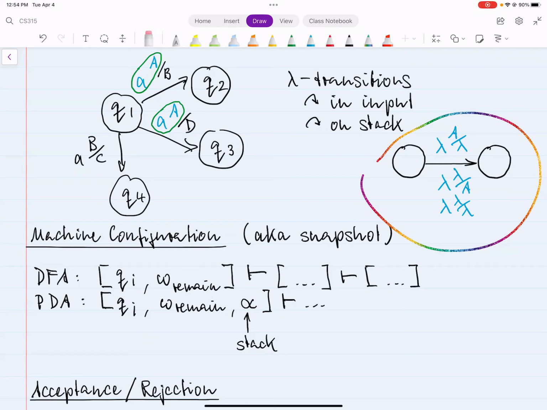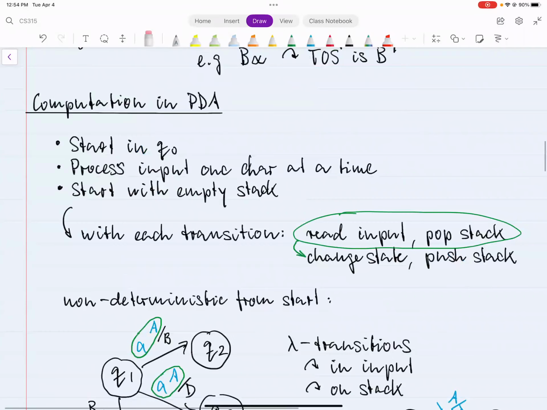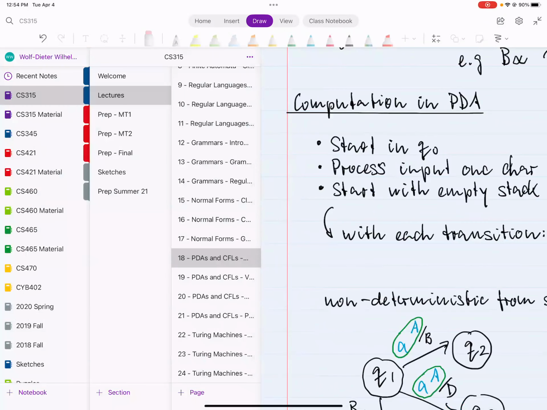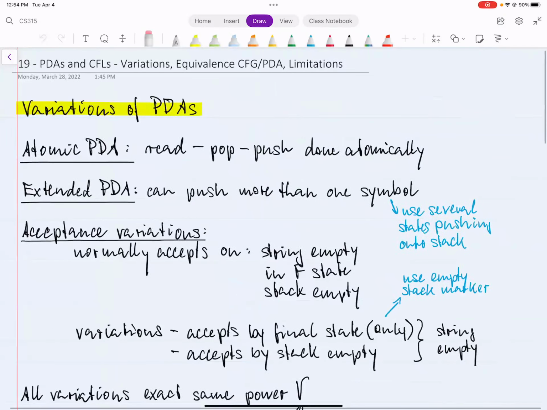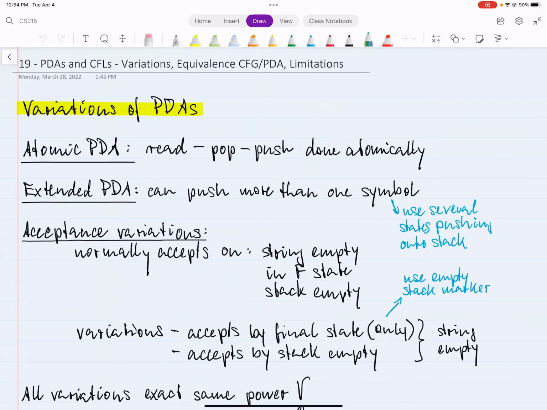And specifically, when in an atomic PDA you just do the read and you transition to a new state, how can you express that in a normal standard PDA? Well, you have something like A and lambda, right?